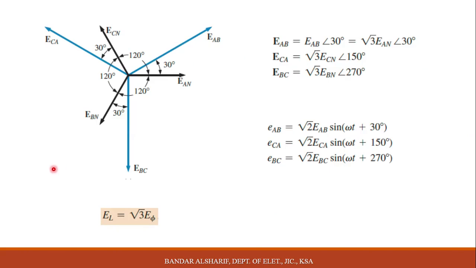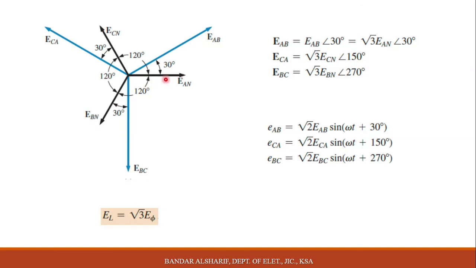Now, since we know that there is a difference between voltage phase and voltage line, this is the voltage phase and this is the voltage line, as we said, EAB, ECA, EBC. We know that the black one is the phase voltage. Between each phase and phase there is 120 degrees.